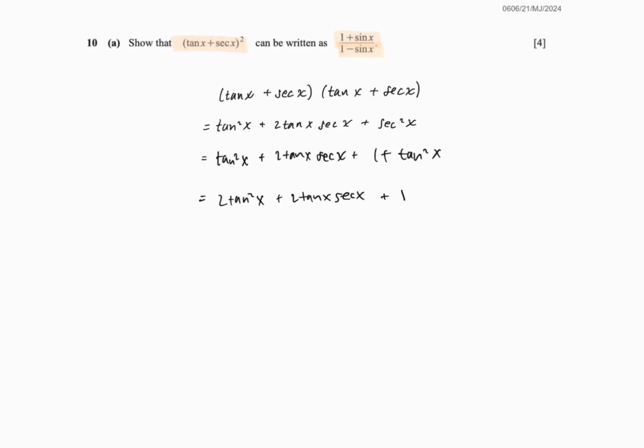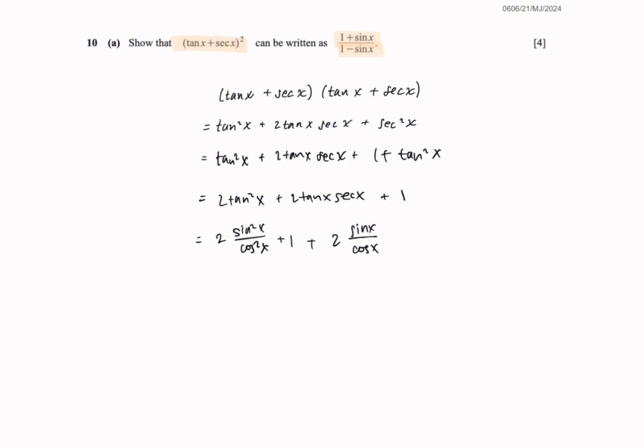Okay, now we have tan x and secant x in the equation, and we can change both of these into sine and cos. So 2 tan square x will give 2 sine square x over cos square x plus 1 plus 2 sine x over cos x.